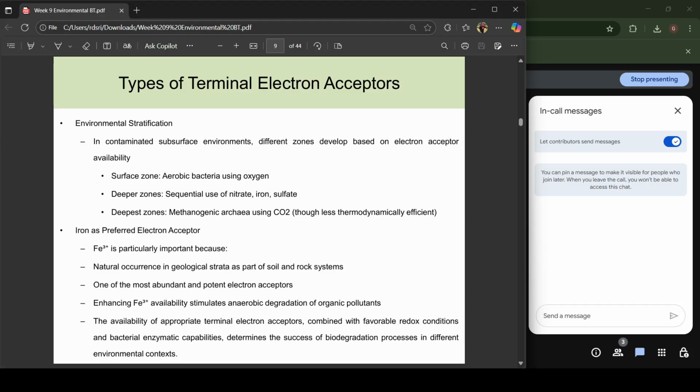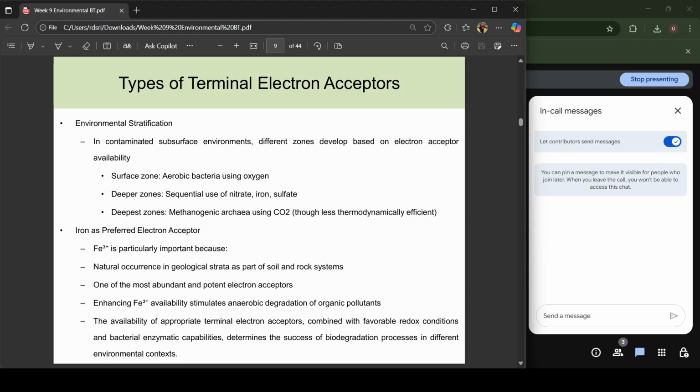So based on this presence of terminal electron acceptors, in contaminated subsurface environments, we can see the development of different zones. We call it environmental stratification, like there is a hierarchy coming into picture. The surface zone, which is in interaction with air, has aerobic bacteria because it can utilize oxygen in that zone.